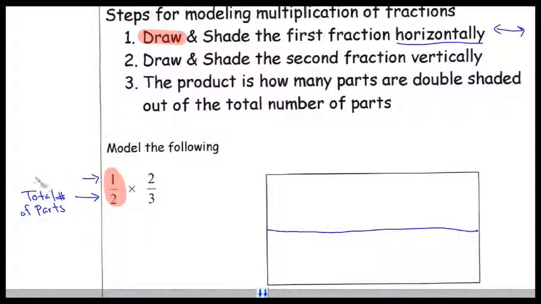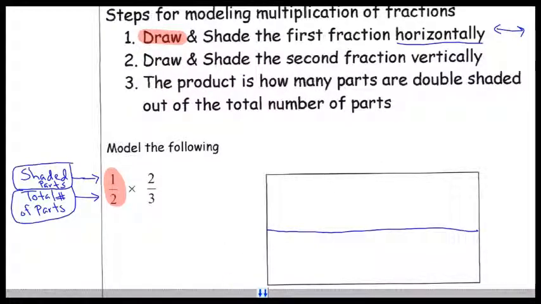The top number tells me how many of those parts are going to be shaded. So I have one part that's going to be shaded.